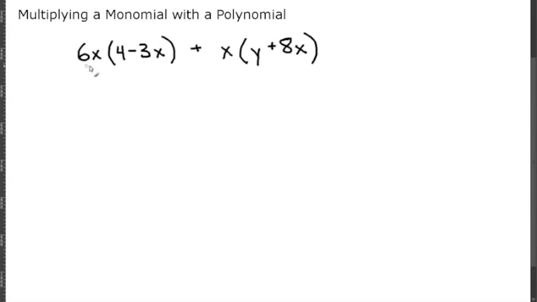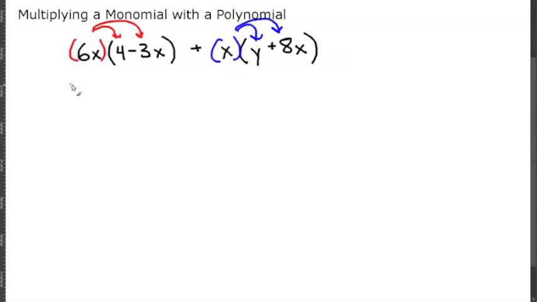Our last example has one monomial multiplied to a polynomial plus another monomial multiplied to a polynomial. So again, we're going to distribute. This 6x is going to get distributed to the first term and the second term. And this x is going to get distributed to the first term and the second term over there.